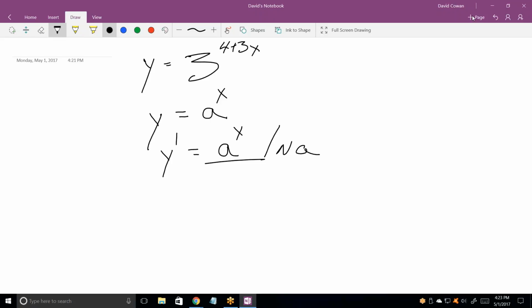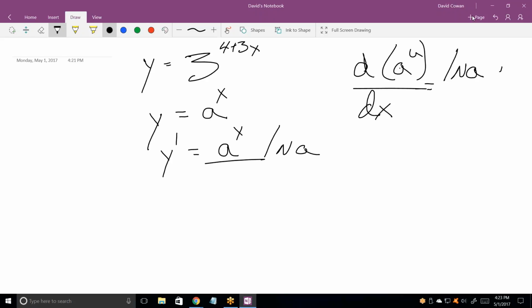Let me write it over here on the upper right. If I have a to the u, and I'm differentiating that with respect to x, then it's going to be the natural log of a times a to the u times u prime. That's the derivative of the outside, that's the derivative of the inside. So I do need to apply the chain rule.